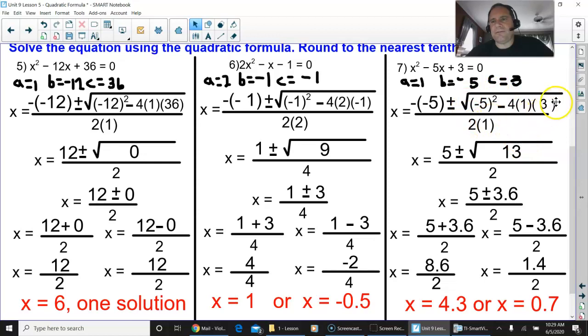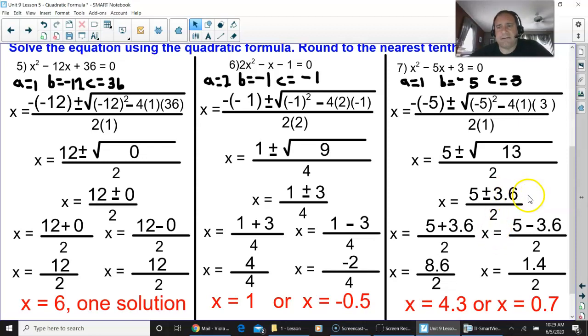If you put all of the numbers inside the radical in your calculator, you do get 13. That's why I was saying round to the nearest tenth. So the square root of 13 is 3.6. If you put the square root of 13 into your calculator, you do get 3.6055, and that's why you get 3.6.